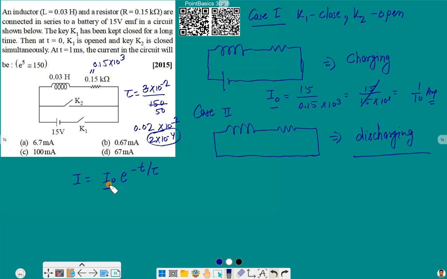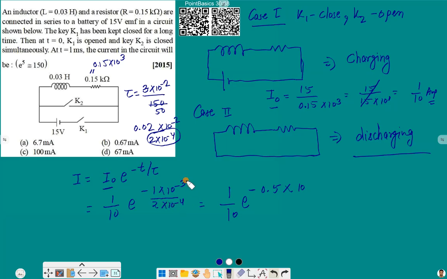And now we will substitute this value here. So 1 by 10 e raised to power minus t, t is 1 millisecond, so 1 into 10 raised to power minus 3, and the time constant which we have already solved, that is 2 into 10 raised to power minus 4. So this will become 1 by 10 e raised to power negative 0.5 into 10.